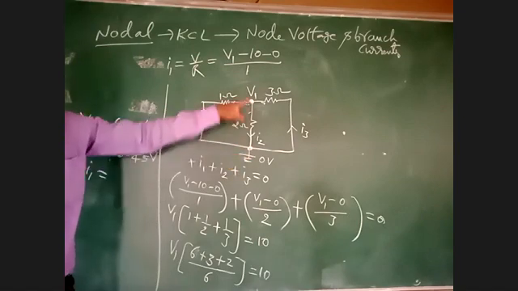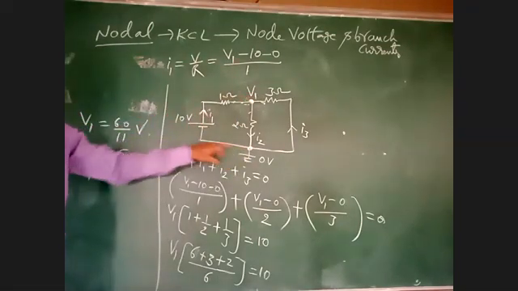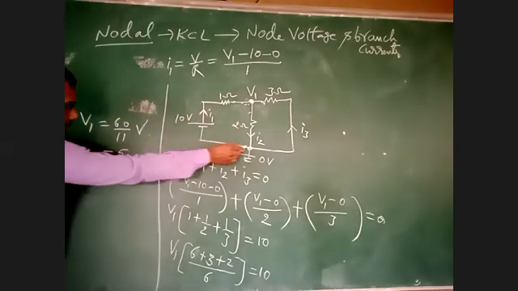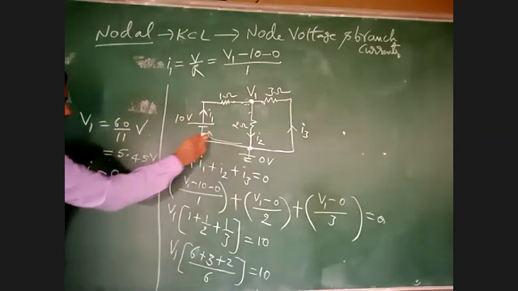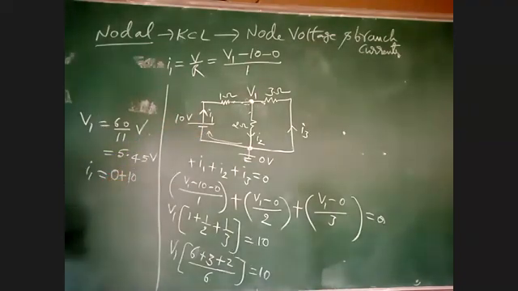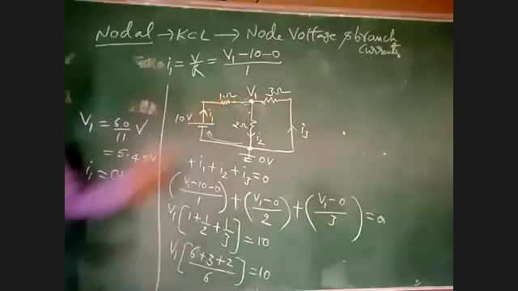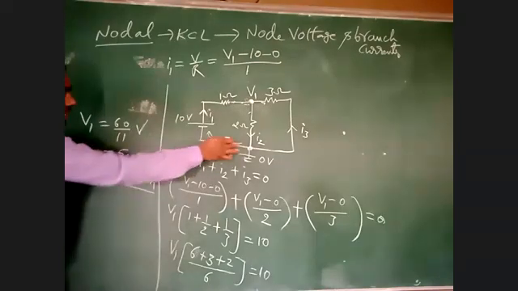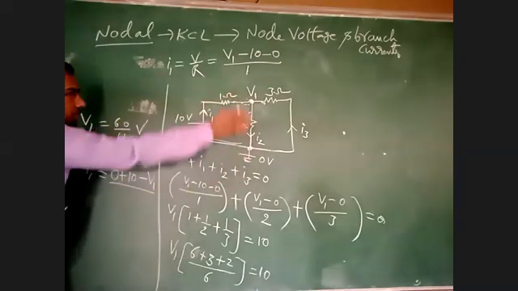Now 0 is positive, V1 is negative. Current is flowing from minus to plus, so plus. Now V1 is minus, because current is flowing from 0 to V1.